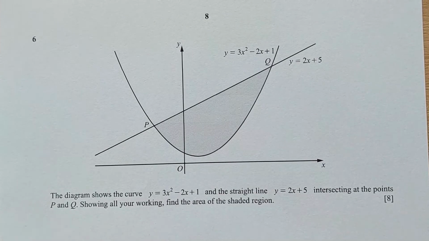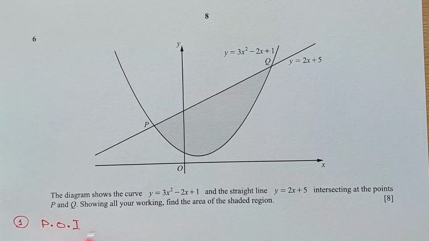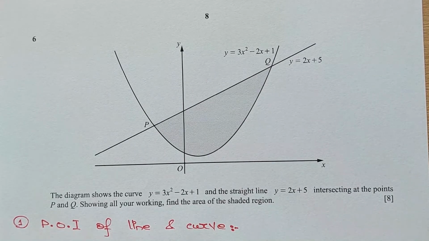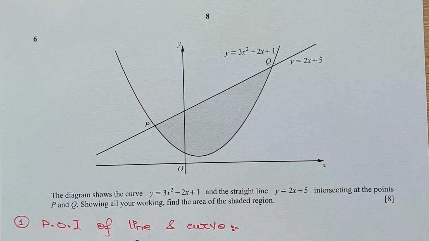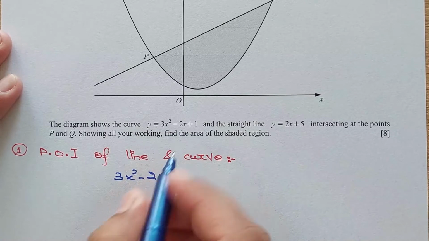So the first thing is point of intersection of line and curve. Let me put the line and curve equal and solve for the points. Okay, so the curve is 3x square minus 2x plus 1.